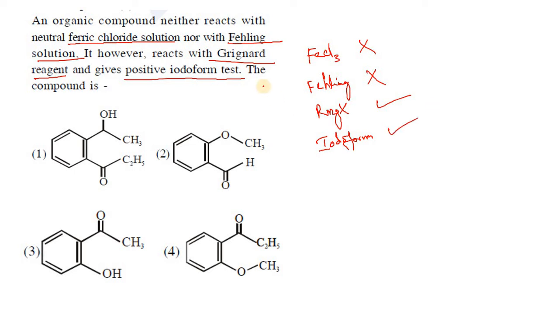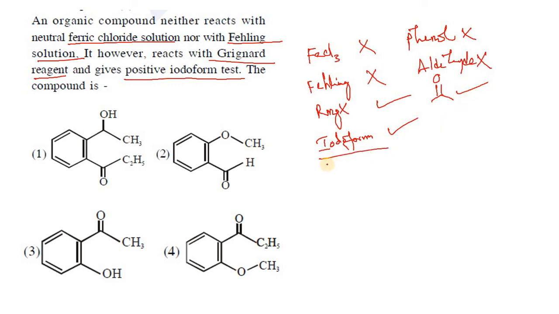When the given compound is negative towards neutral ferric chloride solution, it means there are no phenolic derivatives. And also negative towards Fehling's solution means there is no aldehyde group. And positive towards Grignard reagent: if you take carbonyl compounds, these compounds are positive towards Grignard reagent.